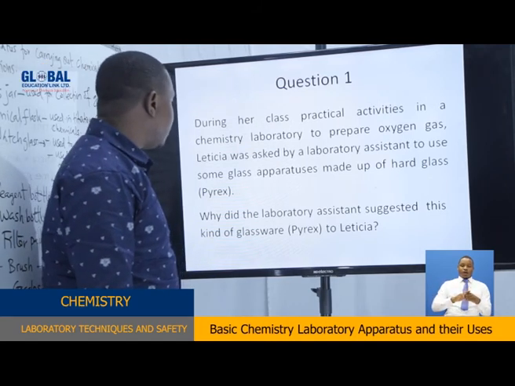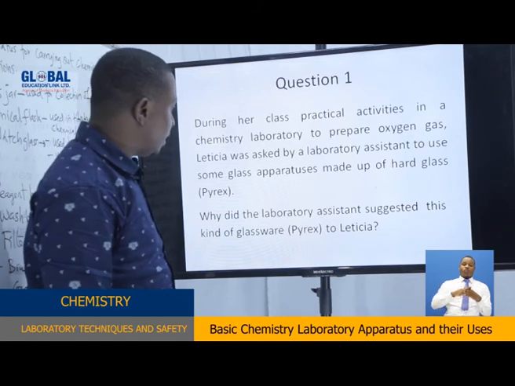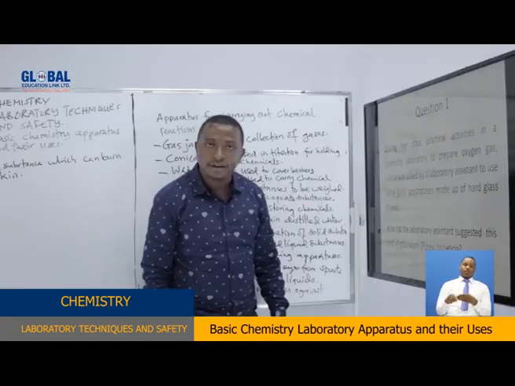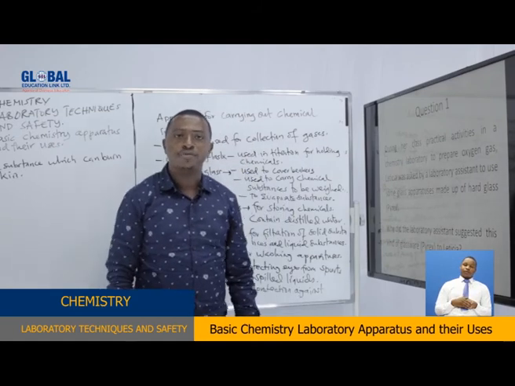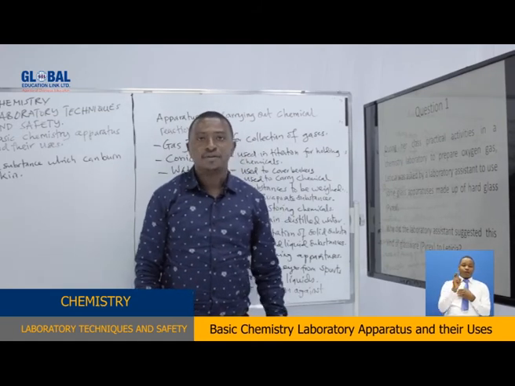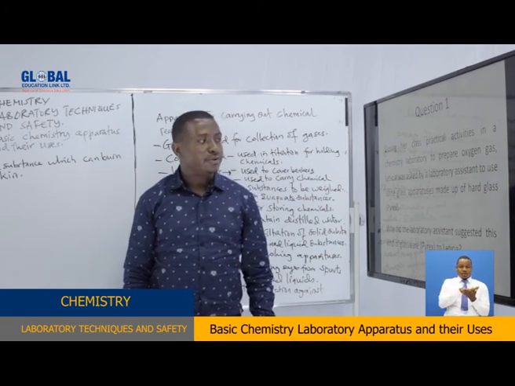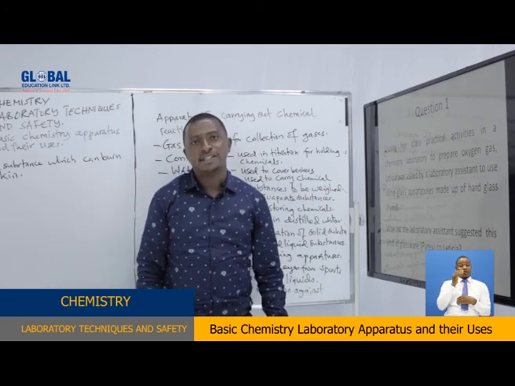Why did the laboratory assistant suggest this kind of glassware, Pyrex, to Leticia? That is a kind of question that can be asked from the concept of basic chemistry apparatuses and their uses. What do you think is the answer, class?